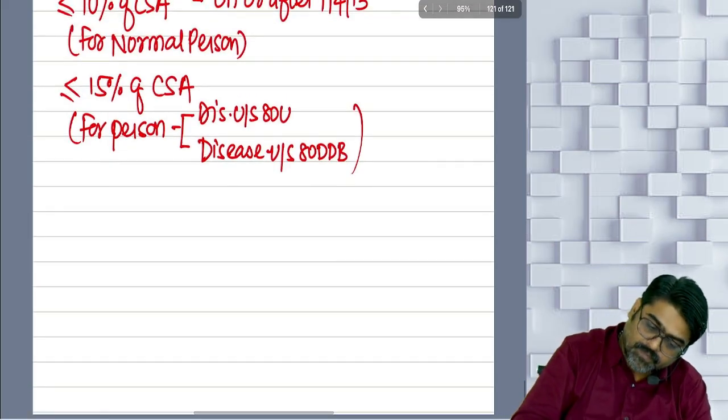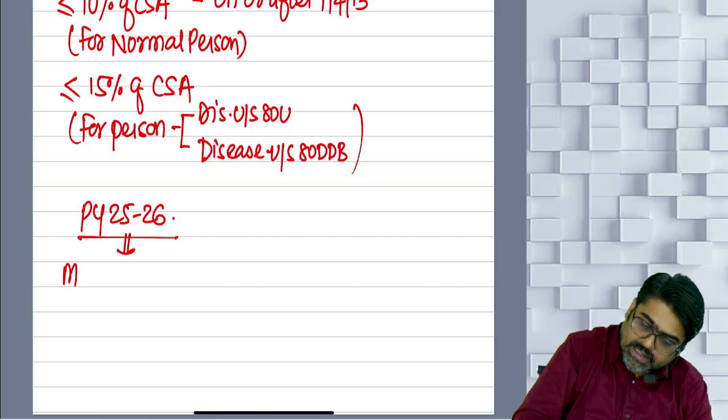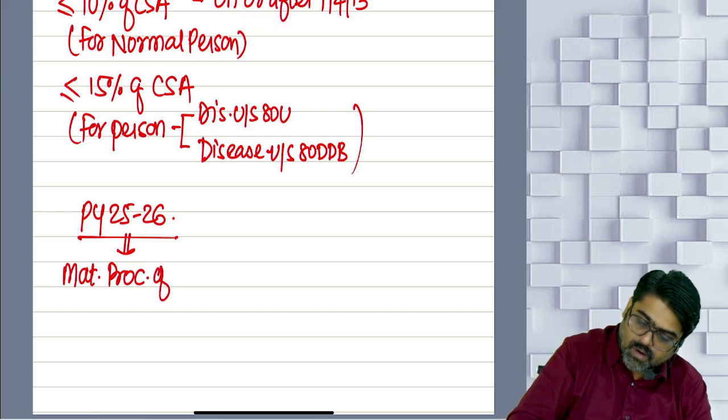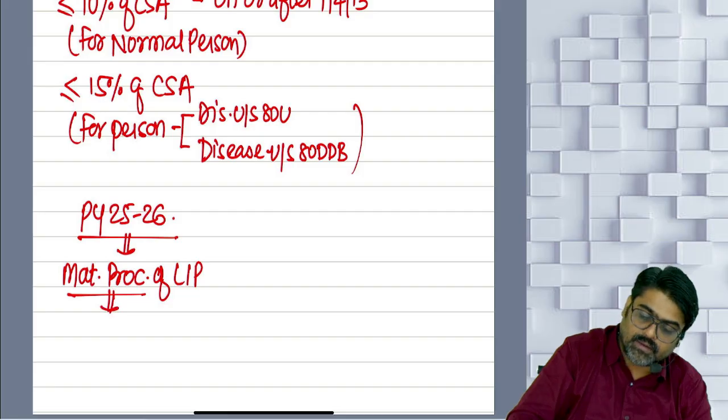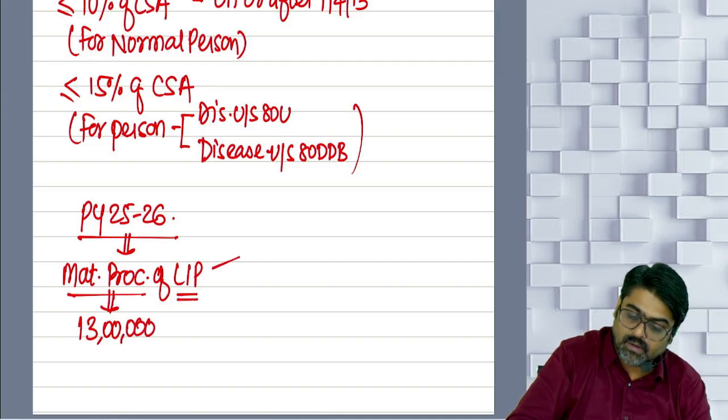So this year, previous year 25-26, you are receiving maturity proceeds of a life insurance policy. How much? 13 lakh rupees of maturity proceeds of a life insurance policy whose capital sum assured was how much? 10 lakh.